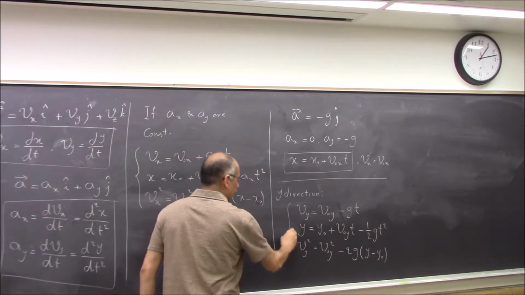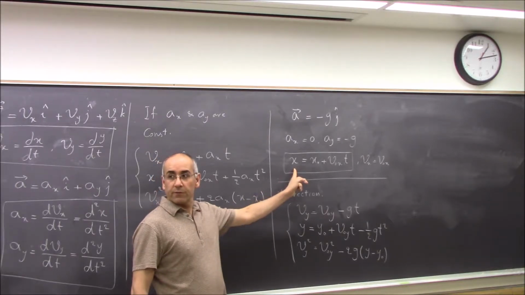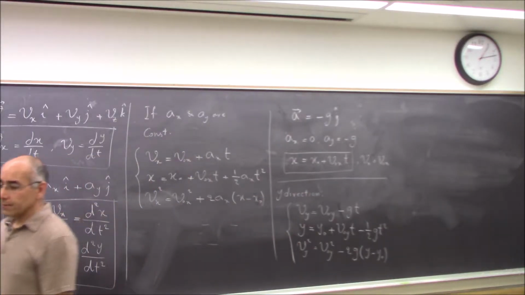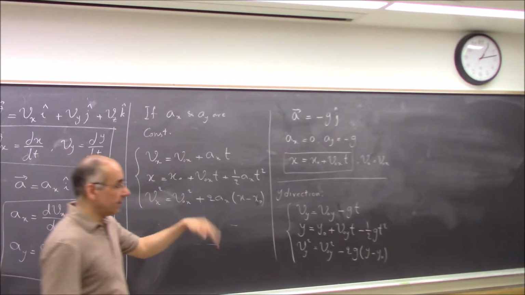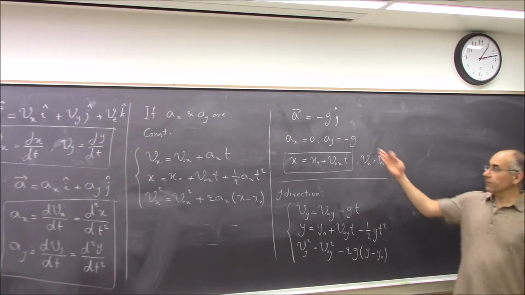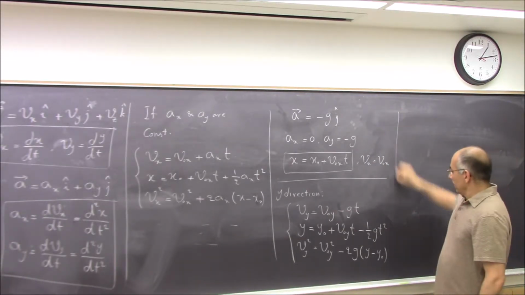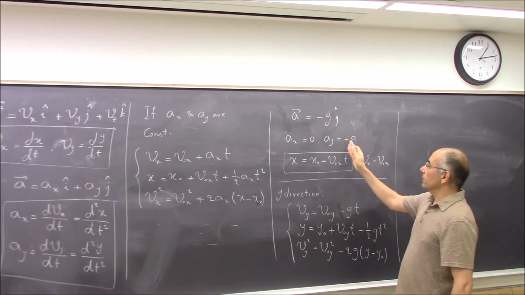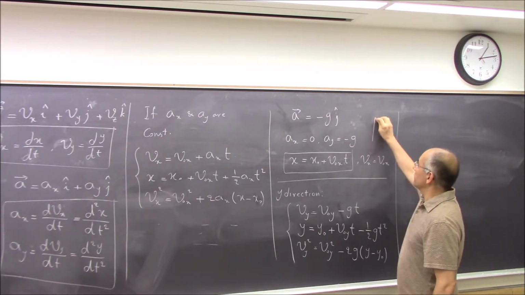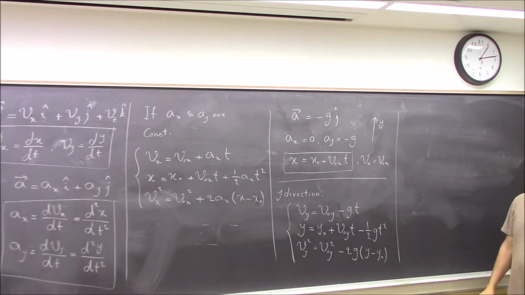You see, we have these three equations for the y direction and only one equation for the x direction. That solves all the problems involving projectile motion where we consider acceleration to be only in the negative y direction and constant. Of course, when we say acceleration in the y direction is negative g, it means that the y direction is upward, and that's our usual condition. We take y always upward and x to the right.